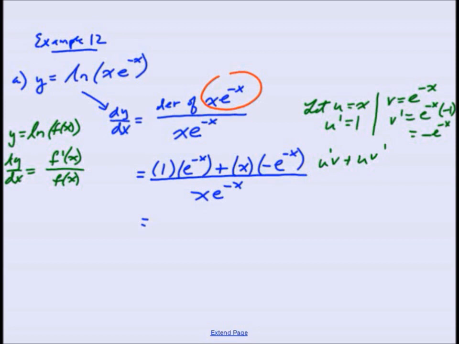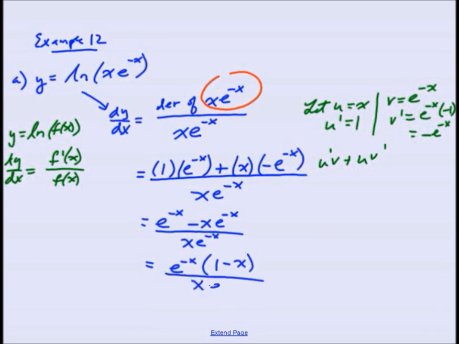And of course we need to simplify: e to the negative x, subtract x e to the negative x, all over x e to the negative x. Now there must be more ways to simplify here. We can factor out e to the negative x. We'll have 1 minus x all over x e to the negative x.